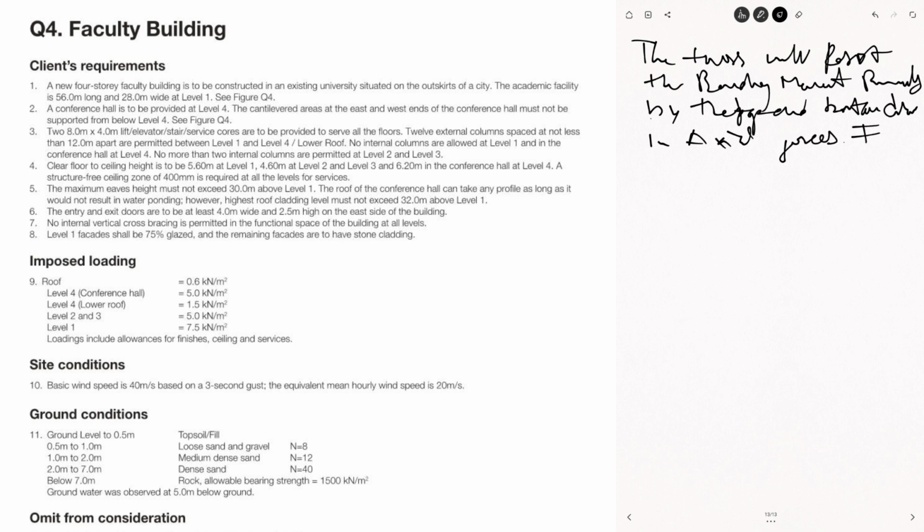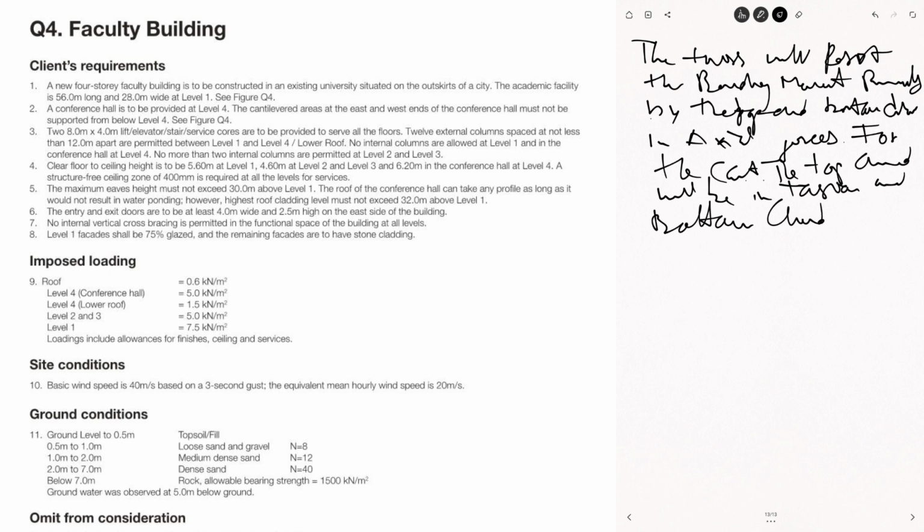For the cantilever case, the top chord will be in tension and bottom chord in compression. Okay, and then we show it by making a small graph. All right.